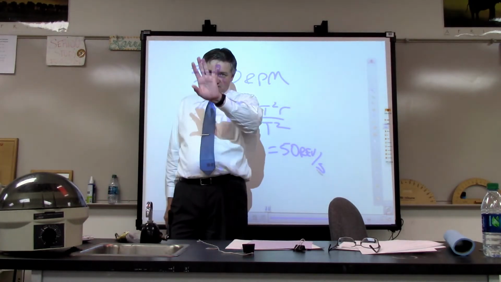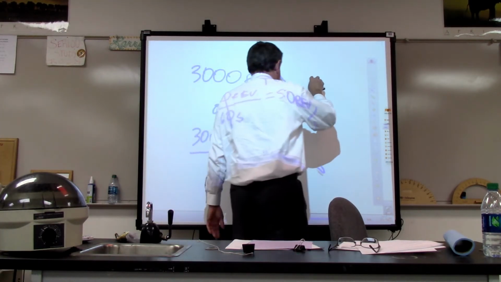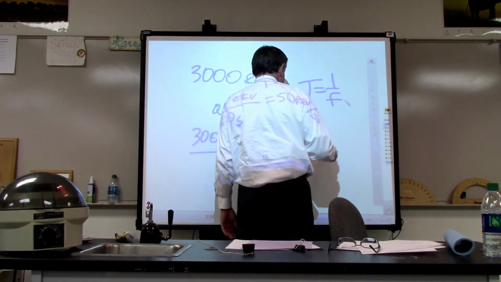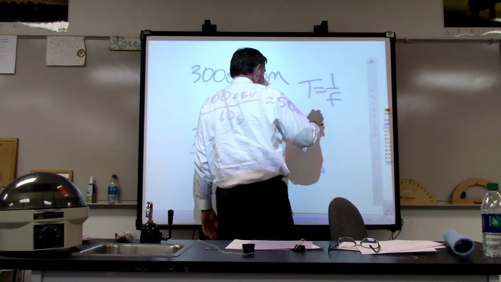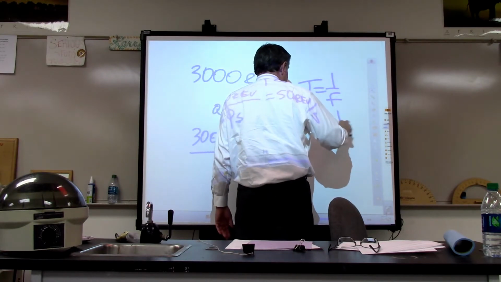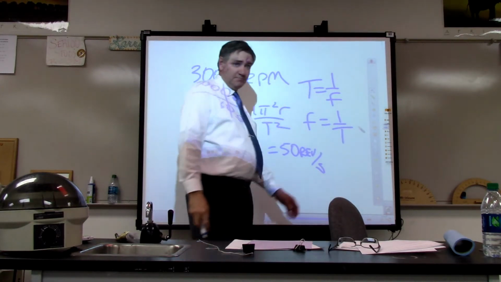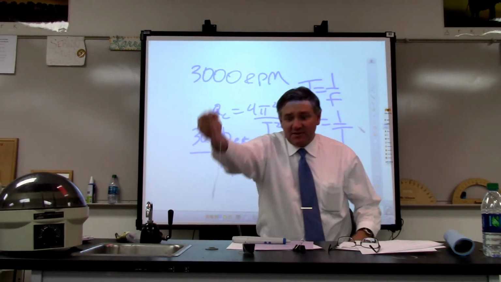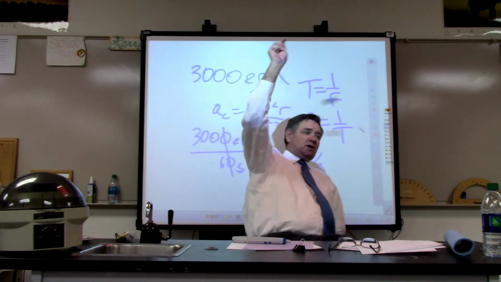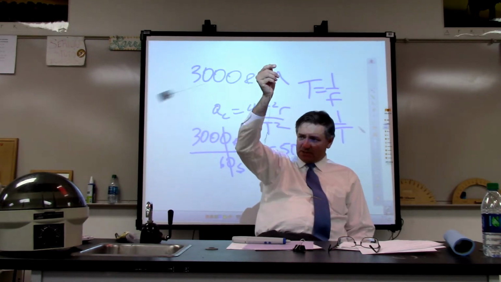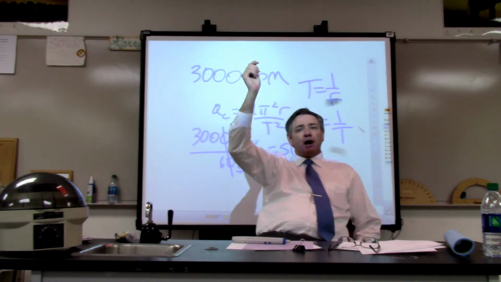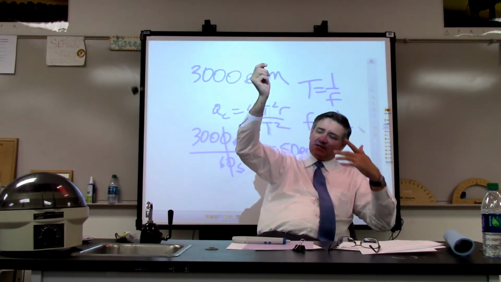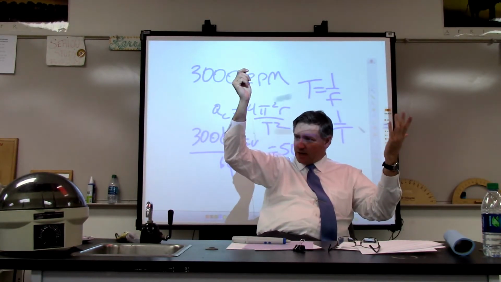On your equation sheet, I've got this handy relationship that period is equal to the inverse of frequency, which also means that frequency is the inverse of period. So let's say I've got this rubber stopper. If I swing it pretty slowly, I don't make a whole lot of revolutions per minute, so each revolution takes a certain amount of time.